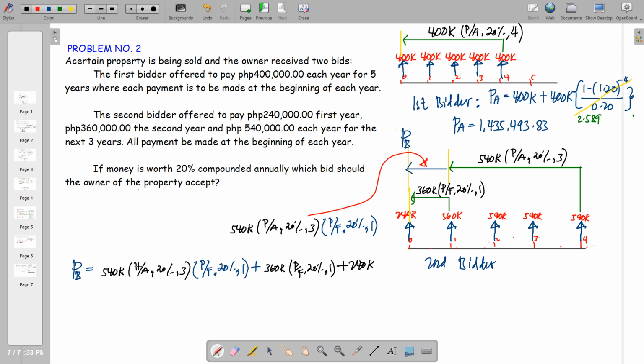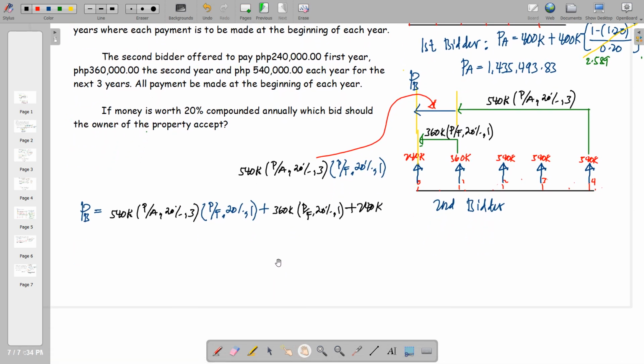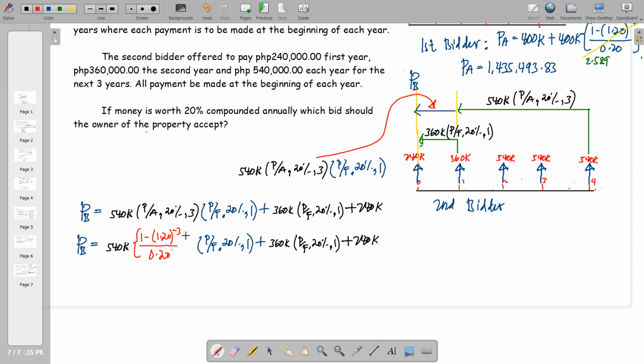So this formula is finding P given A at 20% at 3. So the formula here, the arrow is going backwards. So we have a formula for that as 1 minus 1.2 raised to negative 3 all over 0.2. Then close it. And this one is 1.2 raised to negative 1.